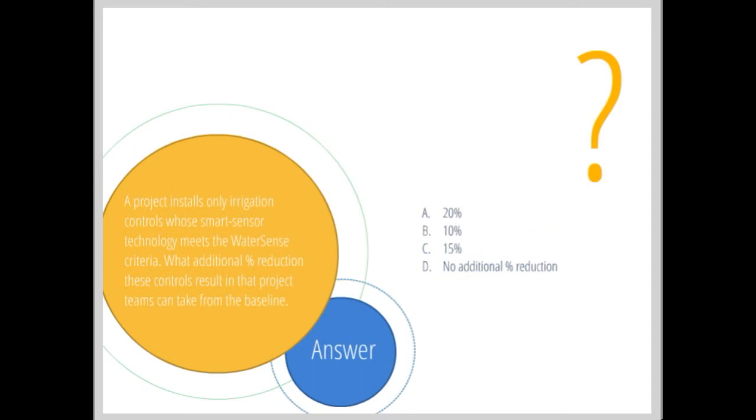A project installs only irrigation controls whose smart sensor technology meets the WaterSense criteria. What additional percentage reduction do these controls result in that project teams can take from the baseline?